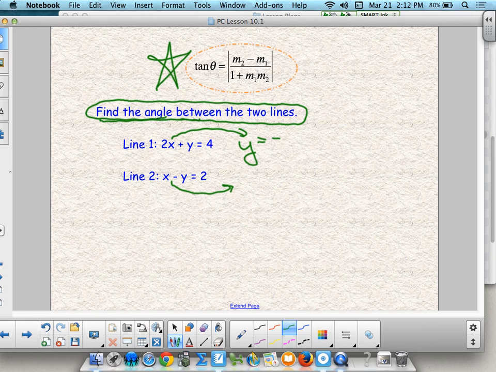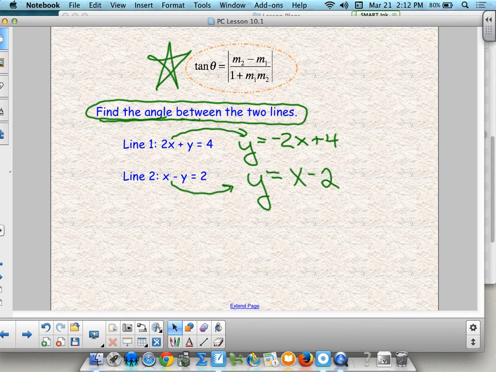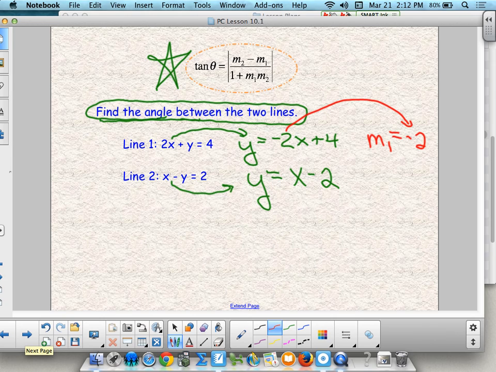Y equals negative 2x plus 4. Y equals x minus 2. Come on over here. Just call this one, M1 is what? Negative 2. And M2, the slope of the second line, is 1.